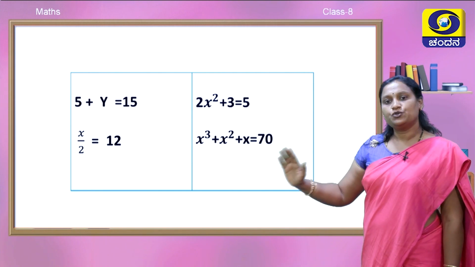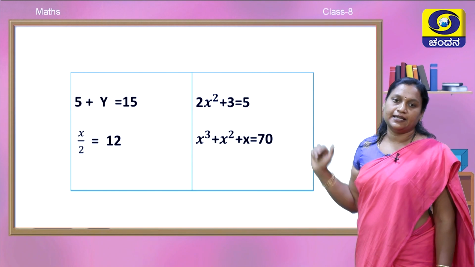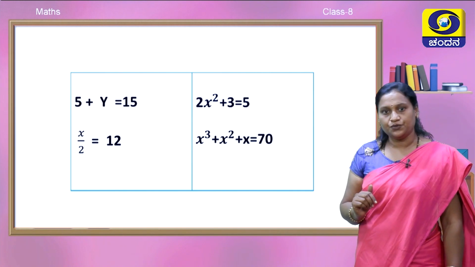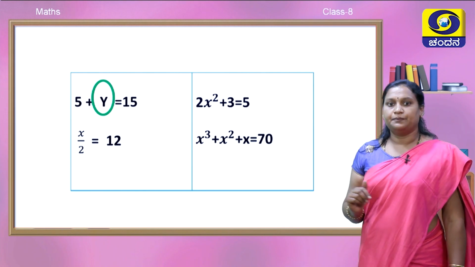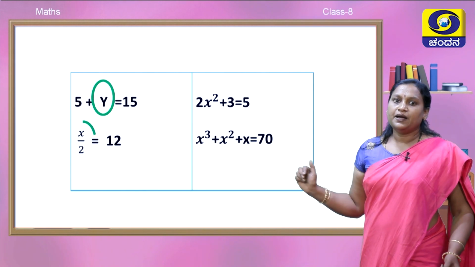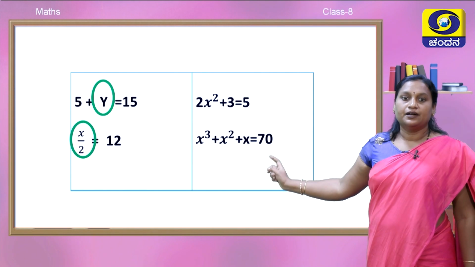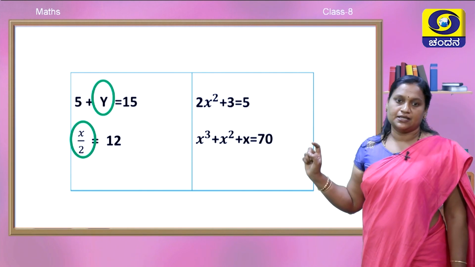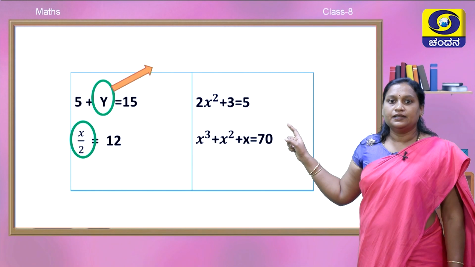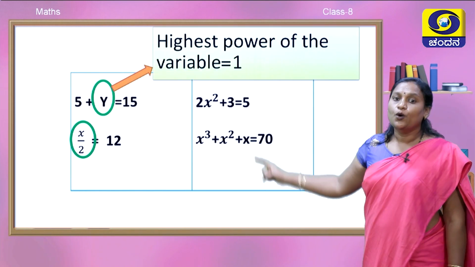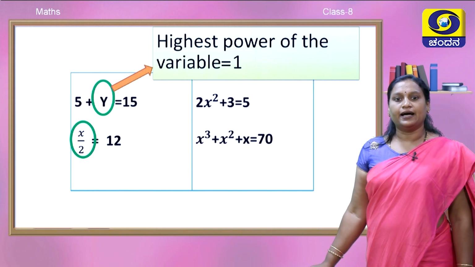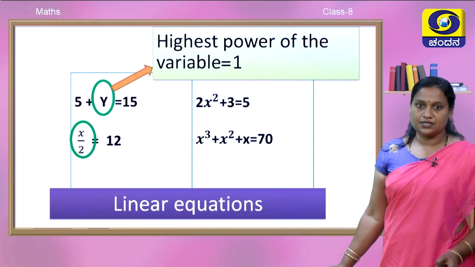Let us understand this further with a little more examples. Here I have two sets of examples. In the first set, it is 5 plus y is equal to 15. Now, observe y. And in the second example, it is x by 2 is equal to 12. There also you observe x. In both the cases, the highest power of the variable is 1 and hence both the equations are called linear equations.